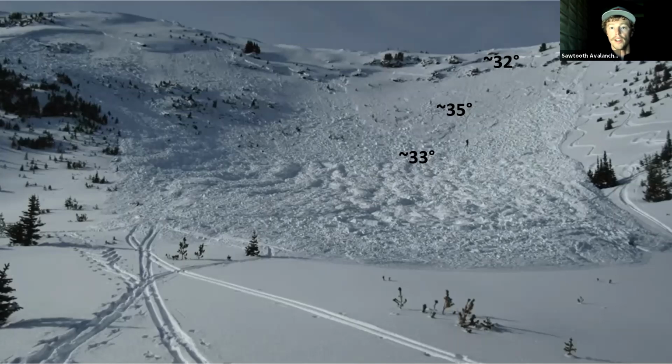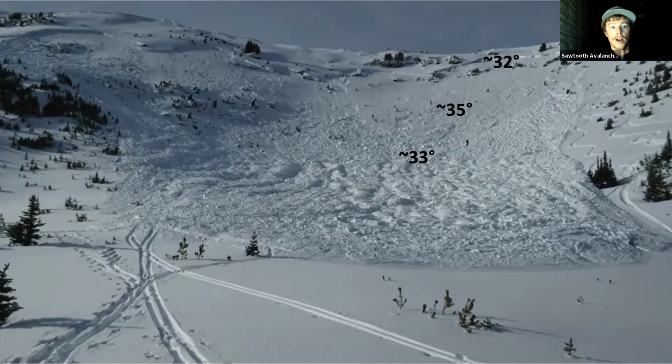without triggering that avalanche? Well, he started off in kind of 32-degree terrain, which might be fairly stubborn to trigger an avalanche, passed through the money zone kind of close to 35 degrees, but maybe just didn't hit the quite right spot. Maybe the slab was just a little bit too thick for him to impact the weak layer. And then he kind of made it out of primetime avalanche terrain all the way down into lower angle slopes at the bottom, which is where that avalanche was actually triggered.